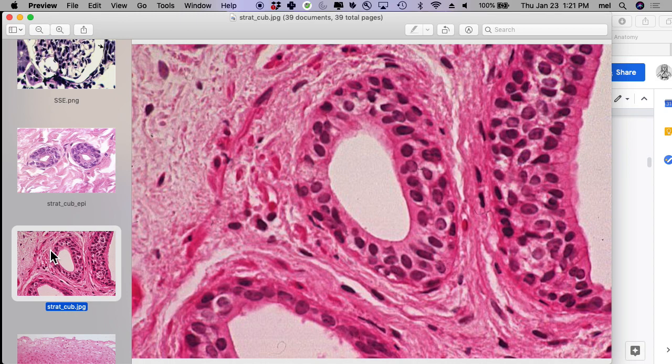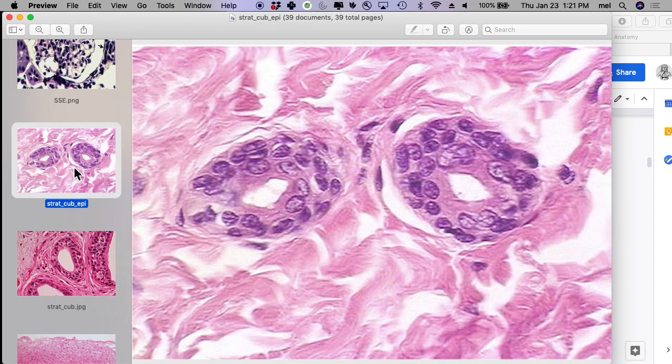So don't be afraid of unfamiliar histology slides. As long as you get comfortable with looking at it and using the criteria in your brain, you're totally cool with these. Go ahead. So the tissue around it, would that be considered? This is all connective tissue. I would imagine that this is probably dense irregular connective tissue. It's a little difficult to tell, but this one is a beautiful dense irregular connective tissue all the way around, right?